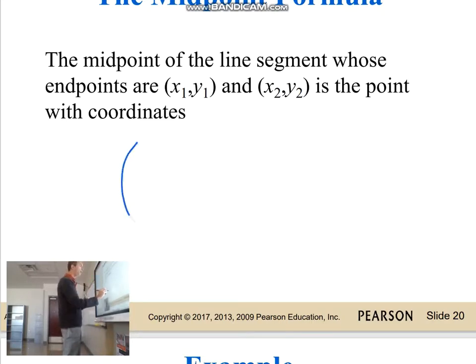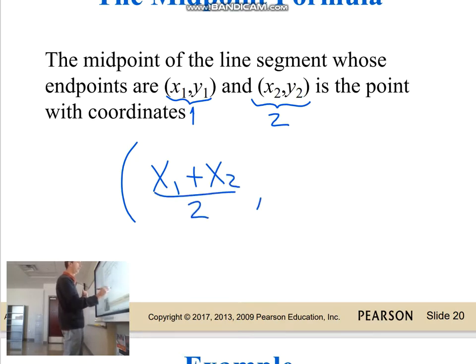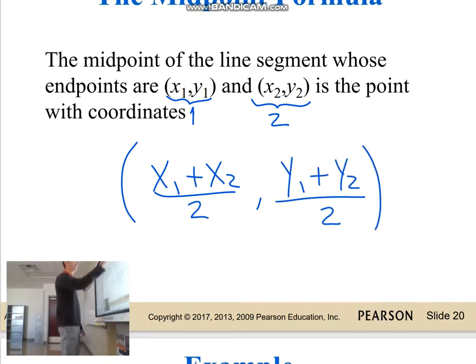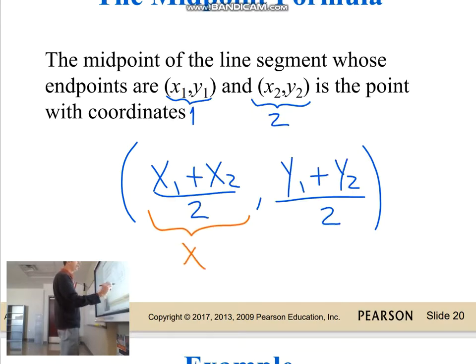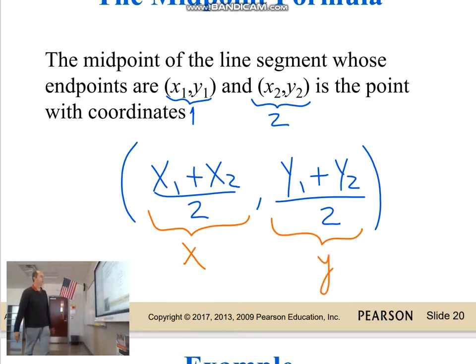If you have point 1 and point 2, you're going to calculate the x-coordinate as x1 plus x2 over 2, and the y-coordinate as y1 plus y2 over 2, right? This is the x-coordinate of the midpoint. This is the y-coordinate of the midpoint.